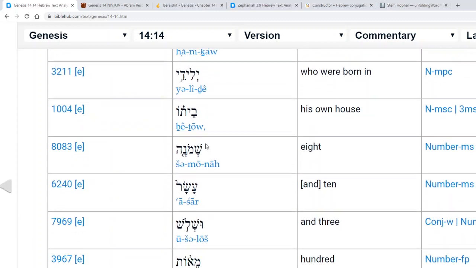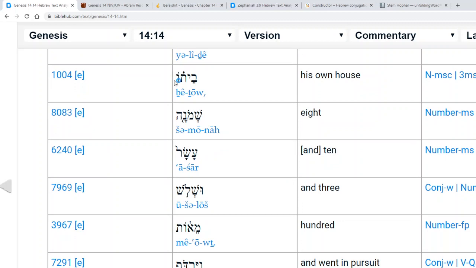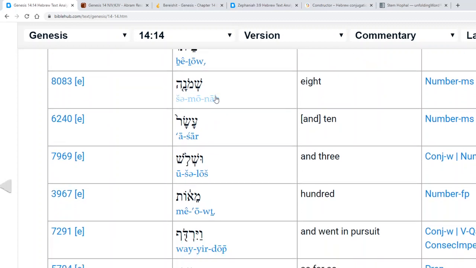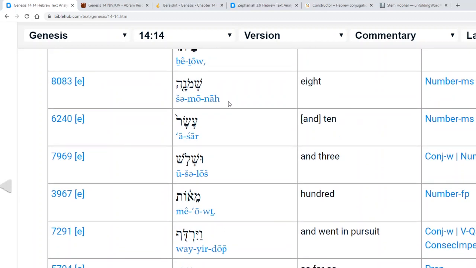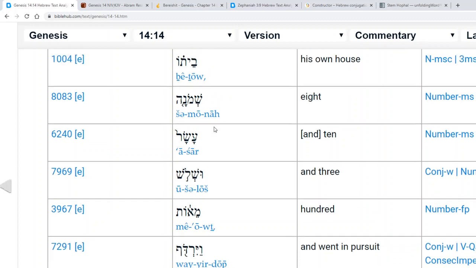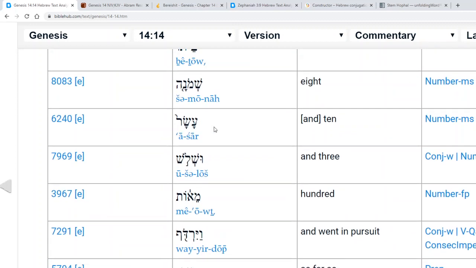Yelidei beito, people who were born in his house. Shmonah asar, right? Shmonah means 8, Asar, 10. So it's 8 and 10. Shmonah asar is 18.